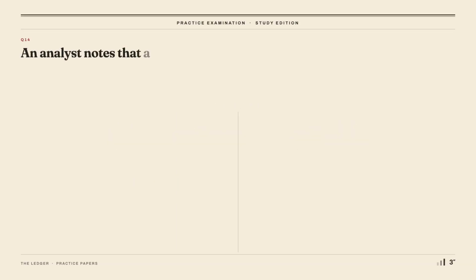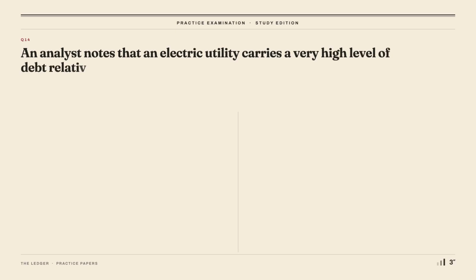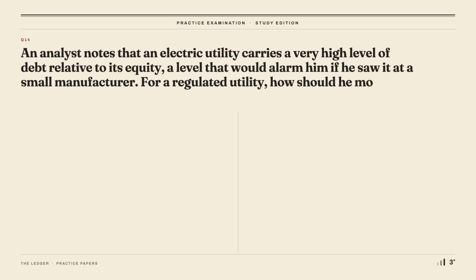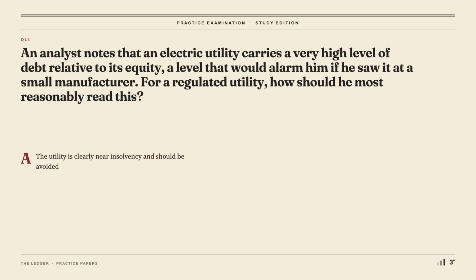Question 14. An analyst notes that an electric utility carries a very high level of debt relative to its equity, a level that would alarm him if he saw it at a small manufacturer. For a regulated utility, how should he most reasonably read this? Your options are: A. The utility is clearly near insolvency and should be avoided.